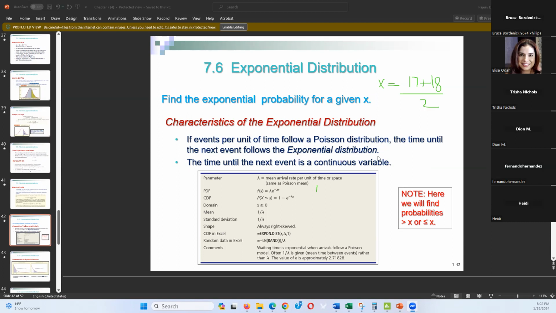For example, in the last 10 years, 5 earthquakes came in Hawaii. What is the probability of an earthquake in the next 6 months or so? So basically this is the exponential distribution.